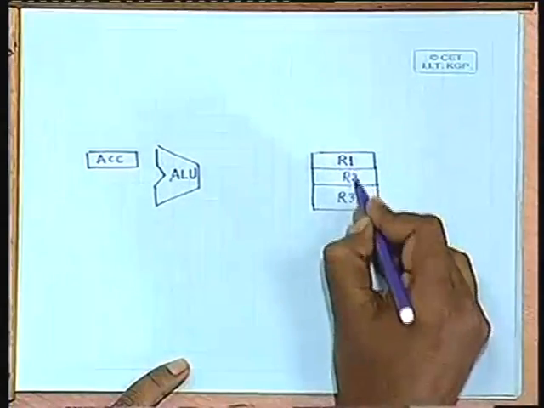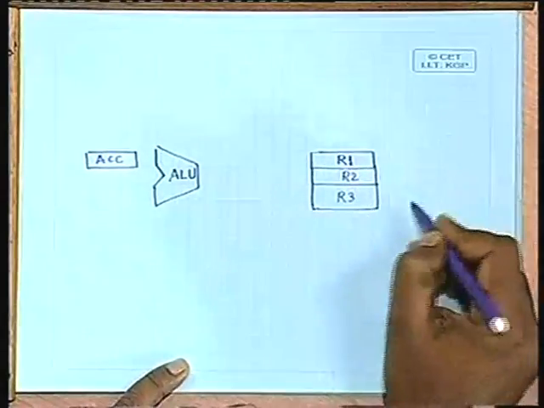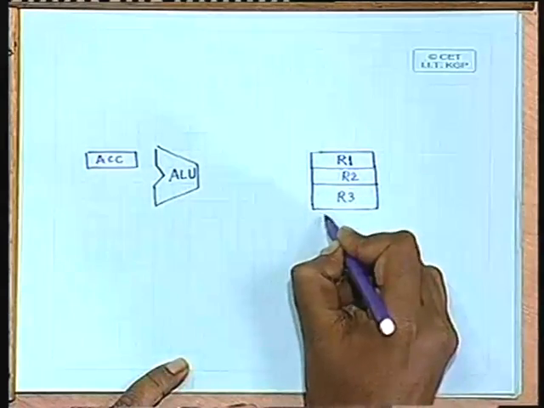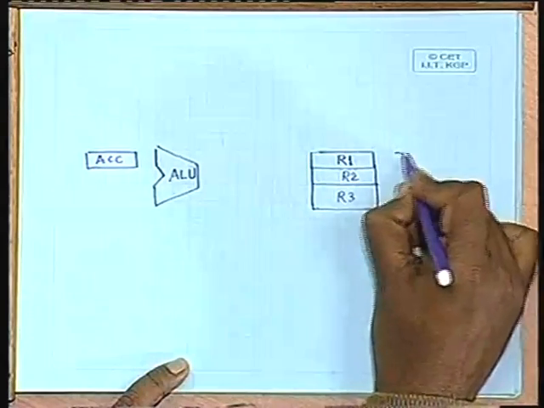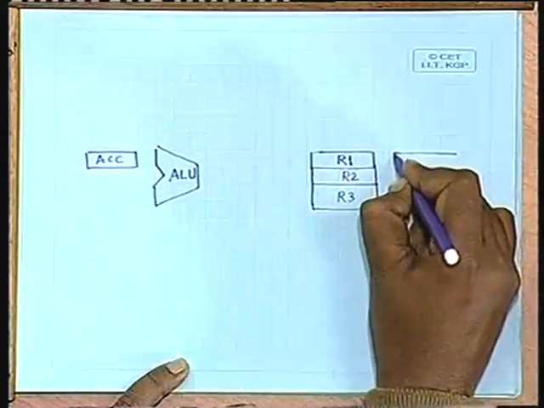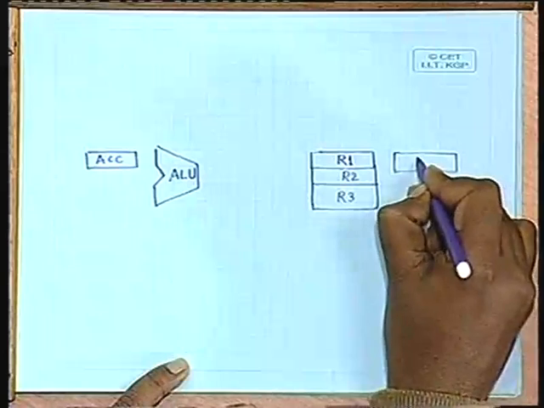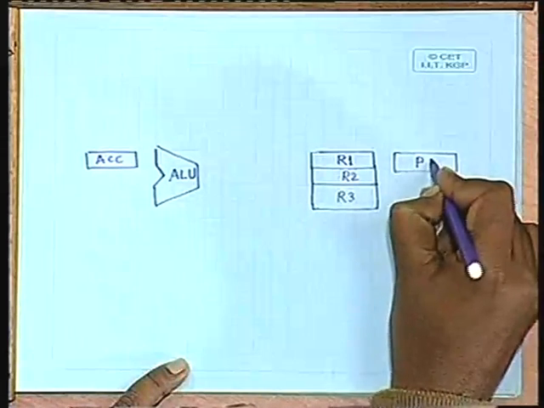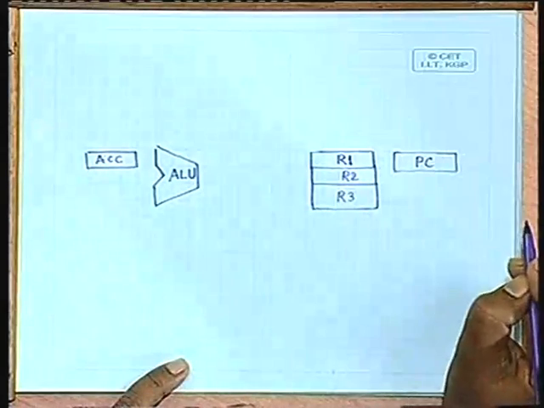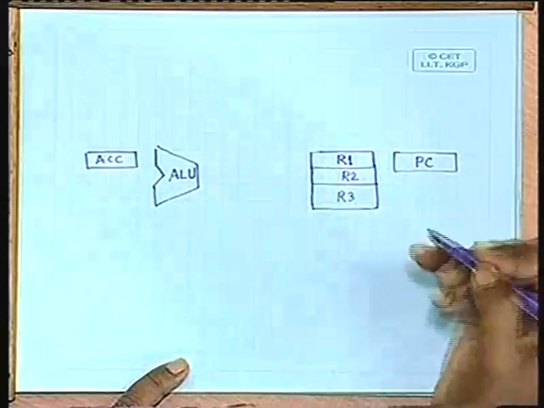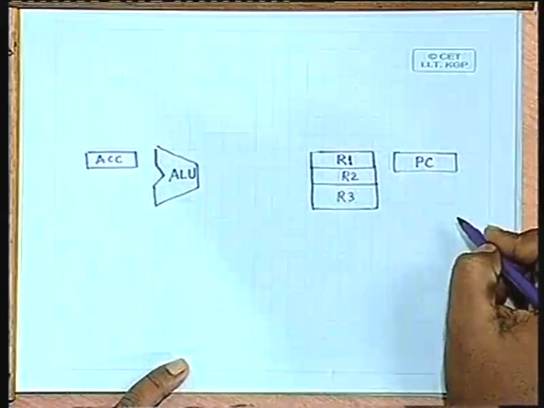So, in addition to these general purpose registers, I also have to have another register within the CPU which is called a program counter or PC. I may also need some more registers.